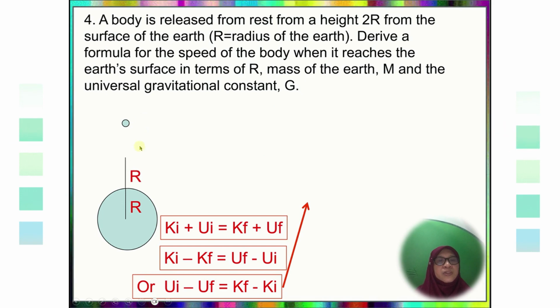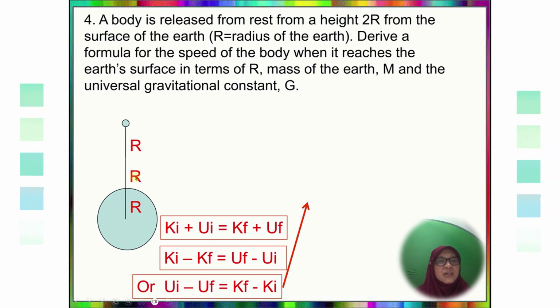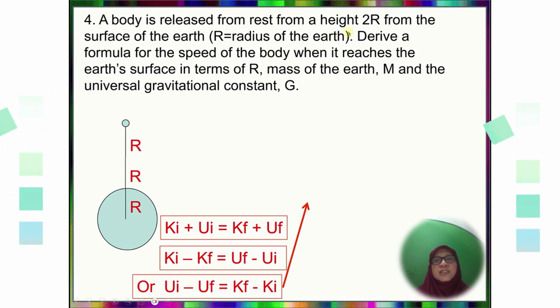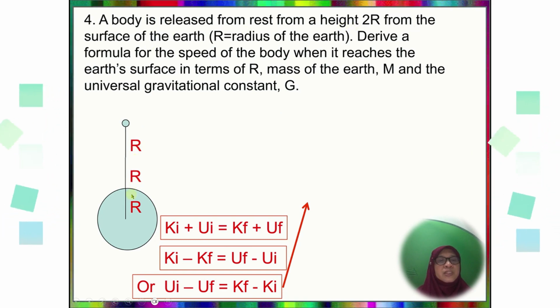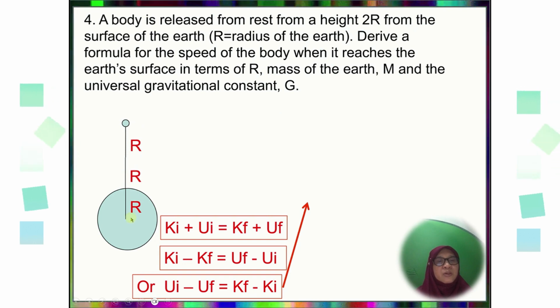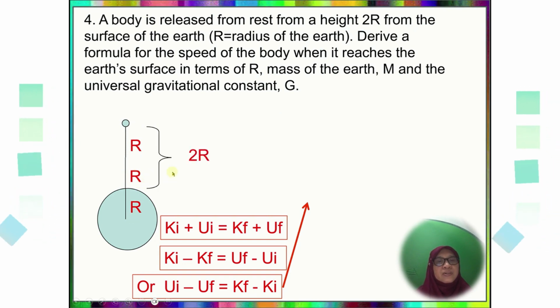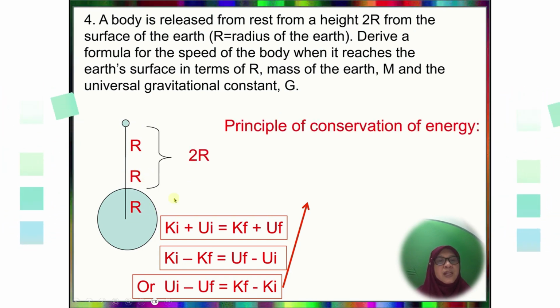The height is 2R from the surface, so measured from the center it will be 3R: 2R plus R is 3R.